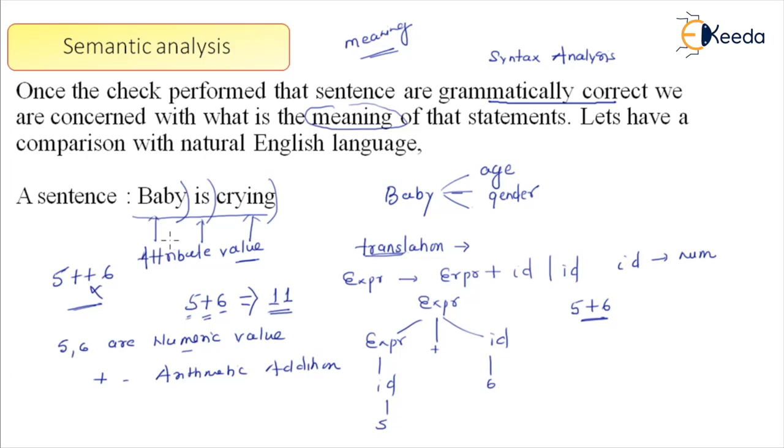A few terms you will notice here are attribute and the second, most important, translation. We are still in the analysis phase, and there are two most important terms in semantic analysis: attribute and translation.